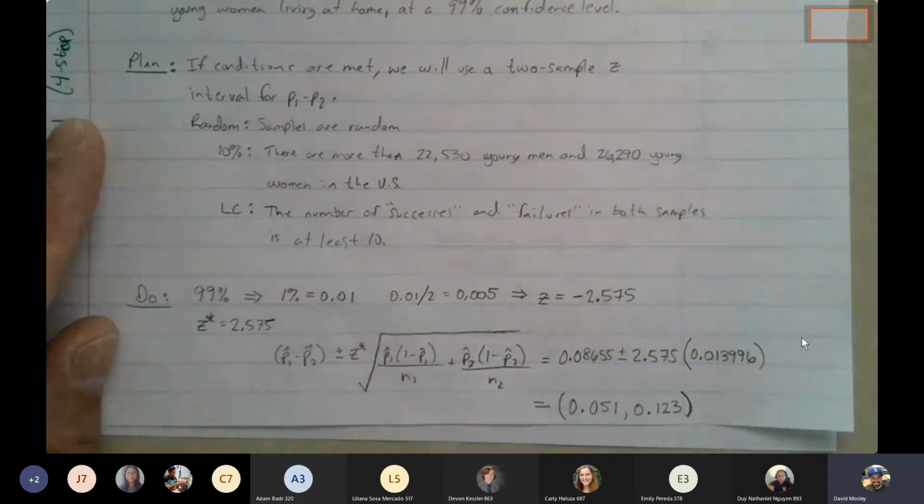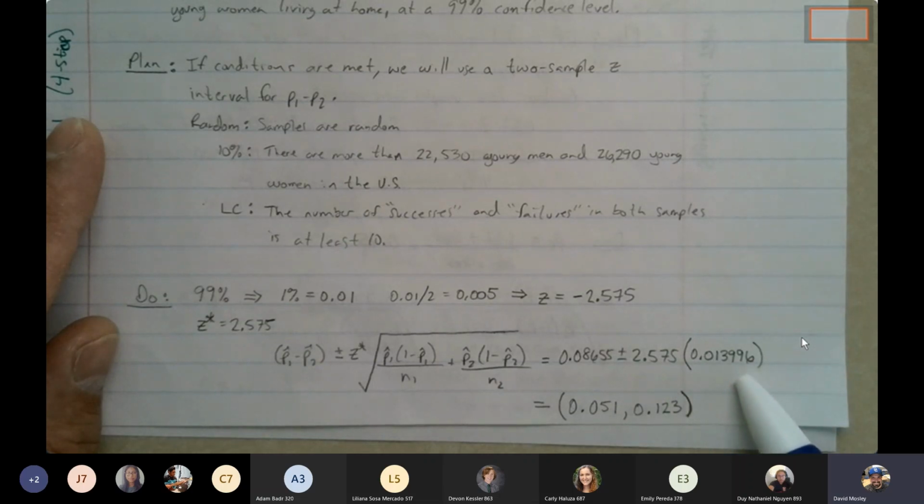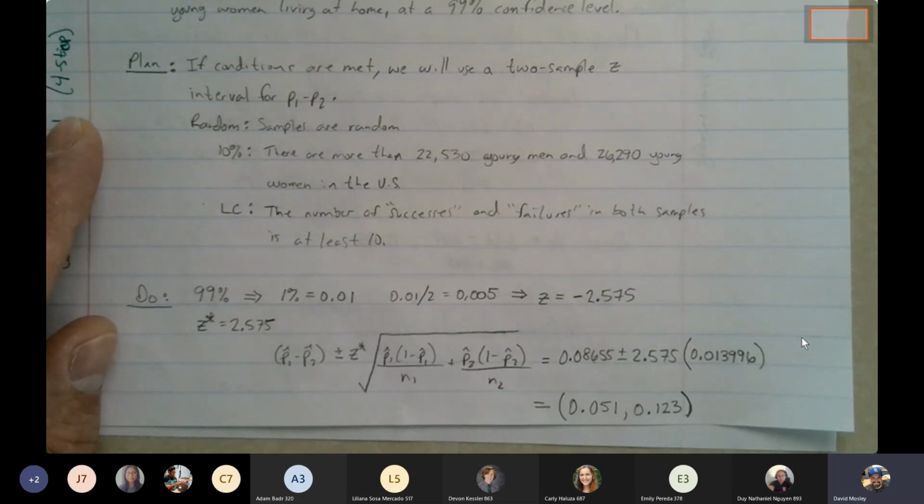When we plug in all of our values and use substitution here, we get 0.08655 plus or minus 2.575 times 0.013996. I'm keeping a lot of decimal places in my rounding to keep it as accurate as possible. And then we get the interval of 0.051, 0.123.